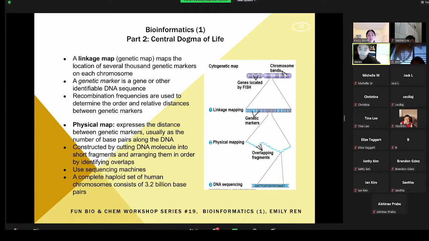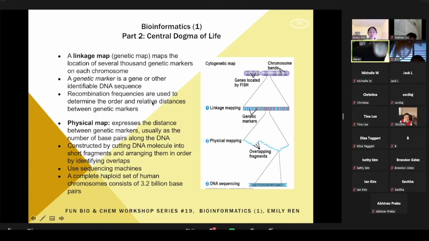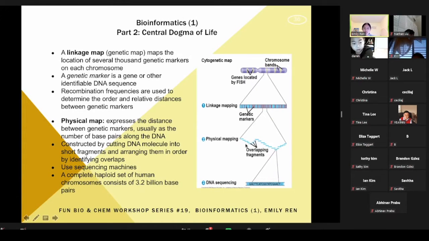Recombination frequencies are used to determine the order and distances between genetic markers. Physical mapping usually counts the number of base pairs between DNA. So as you can see here, there are two types, linkage mapping and physical mapping.